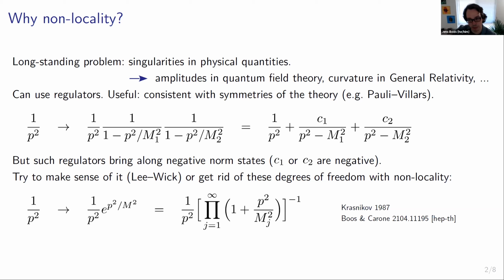It's going to make the propagator exponentially suppressed, but you don't have any other poles. One way to think about this is as a product expansion of the exponential, where the masses mj are chosen suitably to generate this form. It's always possible. One of the earliest references for this kind of approach was Krasnikov in '87.